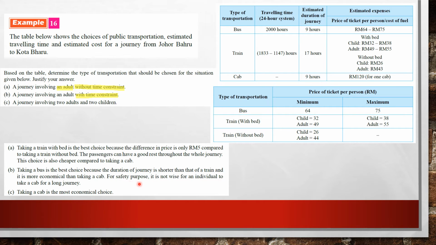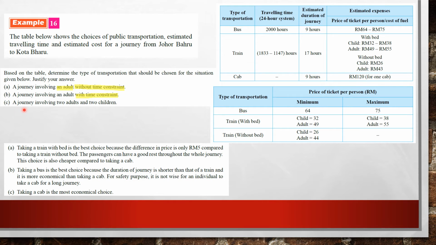And for safety purposes, it is not wise for an individual to take a cab for a long journey, especially when you are a lady. It is not advisable.